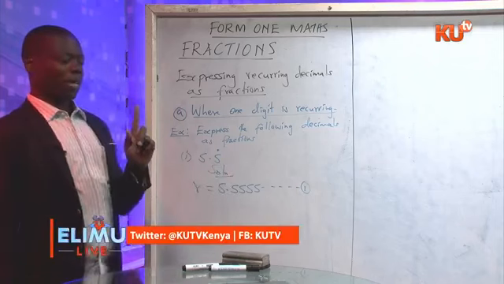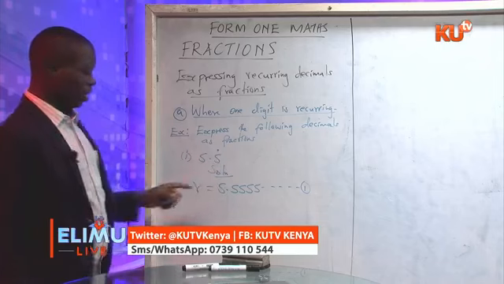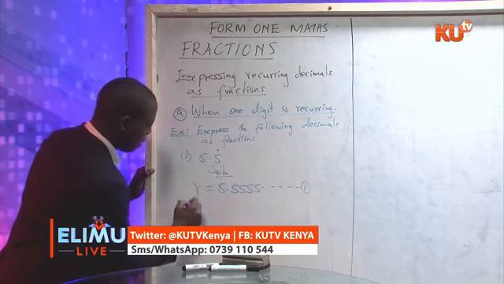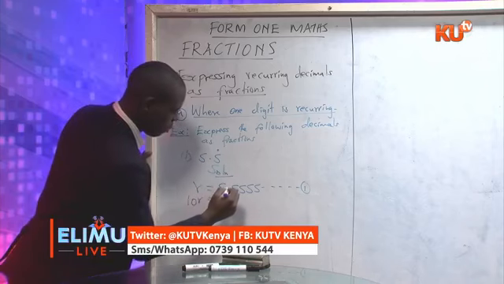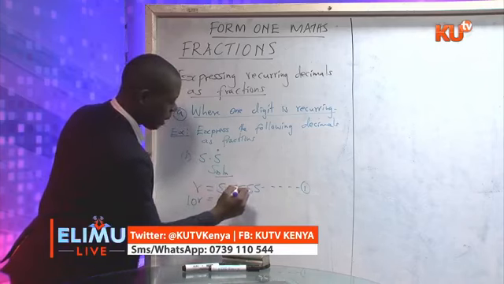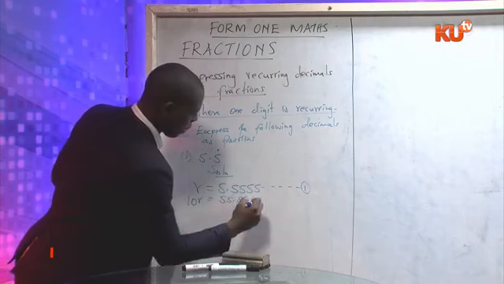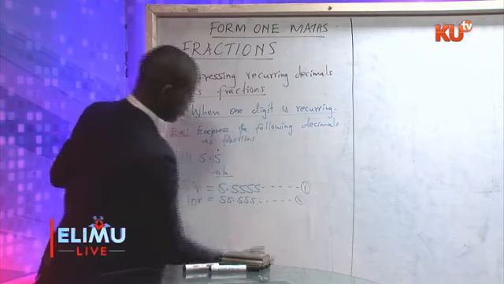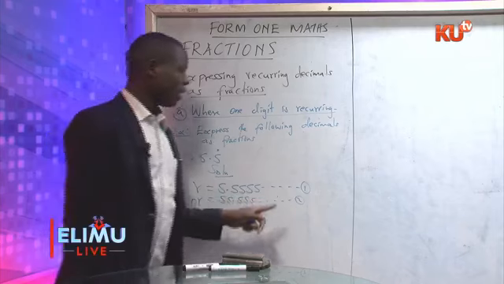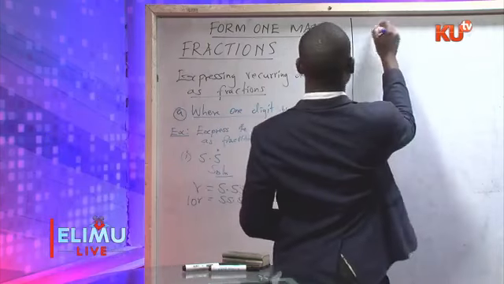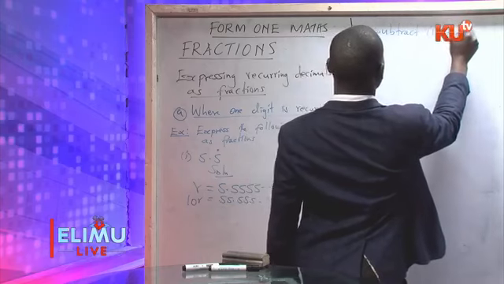It is one decimal place, and that gives its place value to the nearest 10th. So we multiply this by 10 to make it 10R. Then this means we move one step ahead to have 55.555, and that is the second equation. Now you take the second equation and the first equation and subtract. So you subtract 1 from 2.